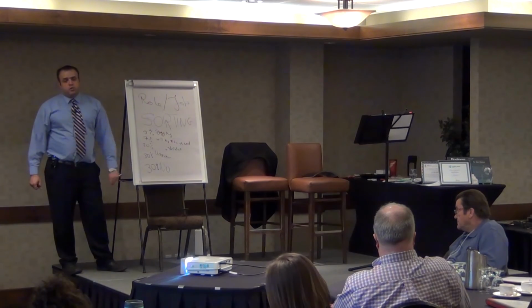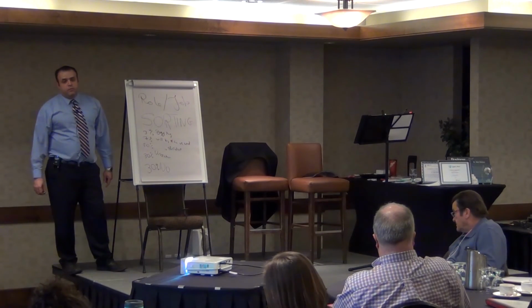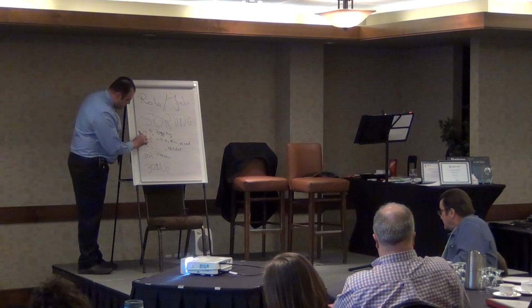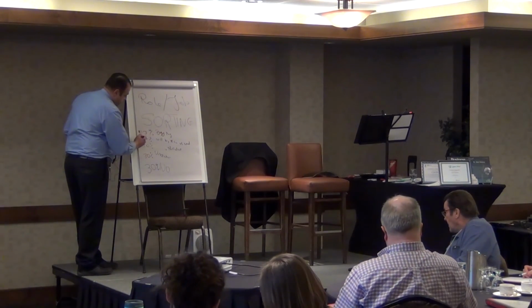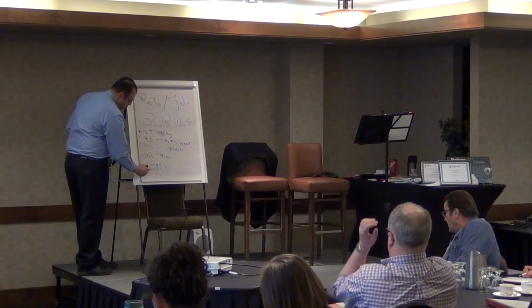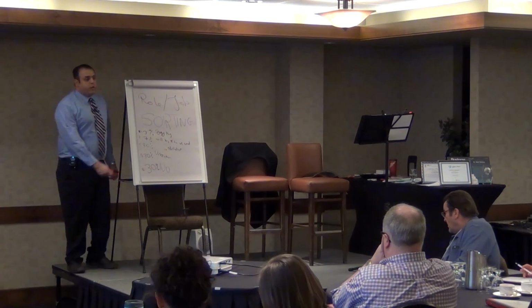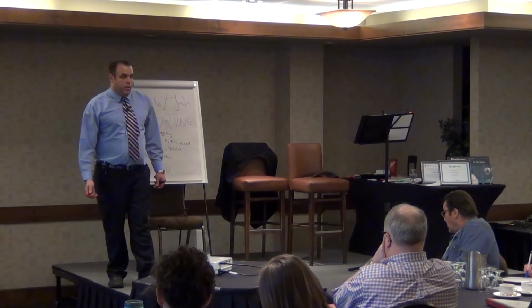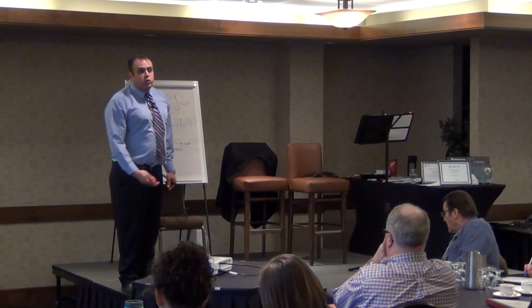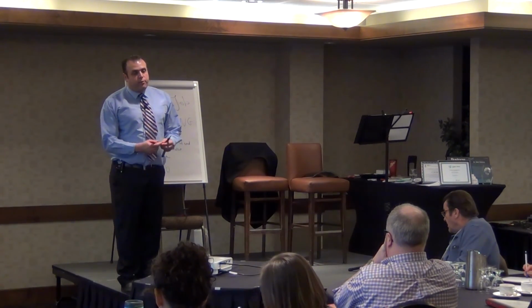So which one of these should you target? If I label them A, B, C, D, E, which one of these would I target to make money right now? A. Which one of these should be my ideal target?